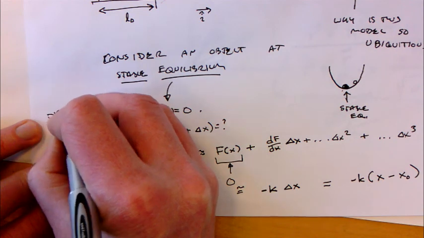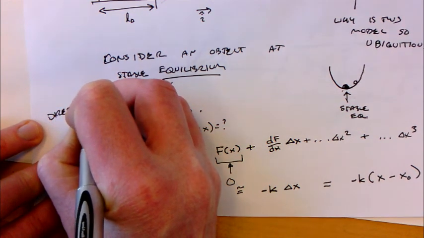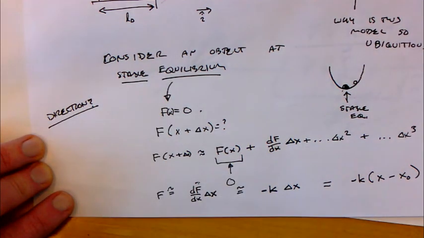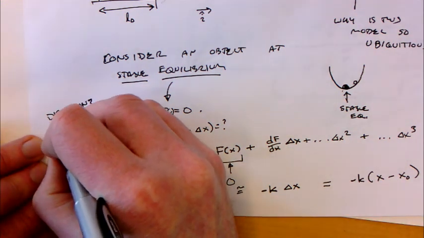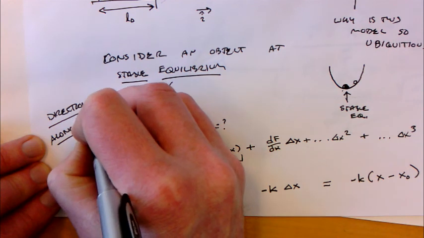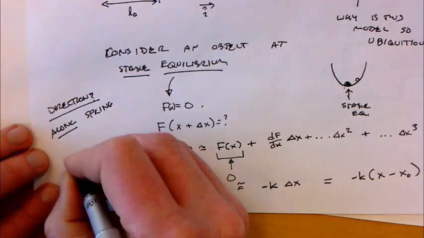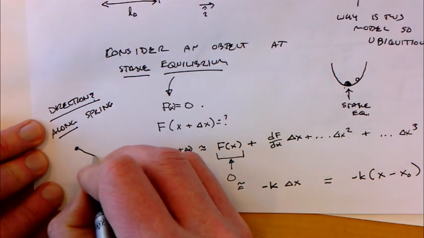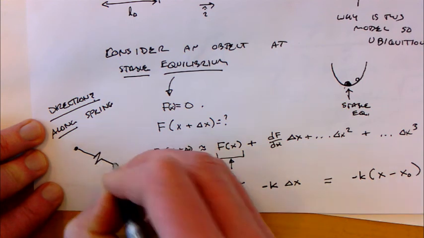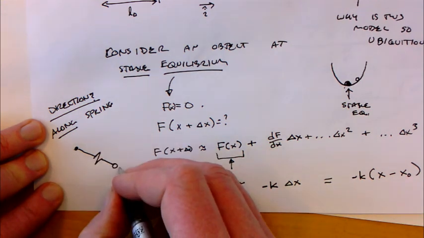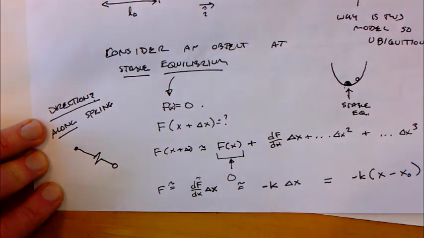Now, it's also worth thinking about direction here. So let's do a little aside on direction of the spring force. The direction of the spring force has to be oriented along the spring. So you might think about a general situation where I've got some object that's on a spring and the spring is oriented in some way.